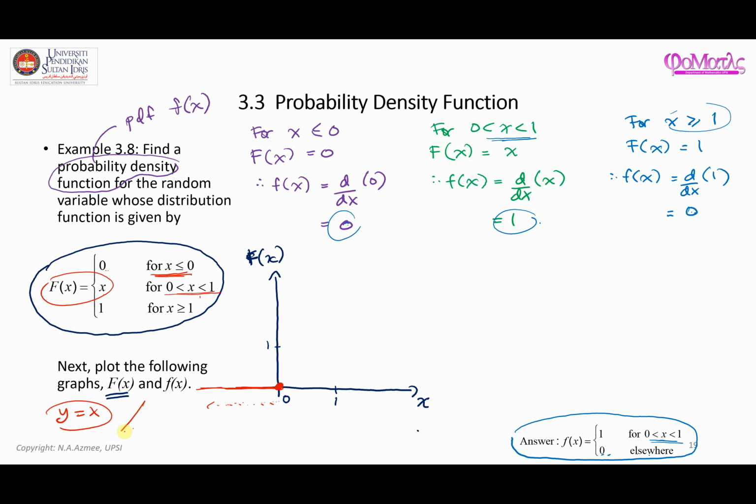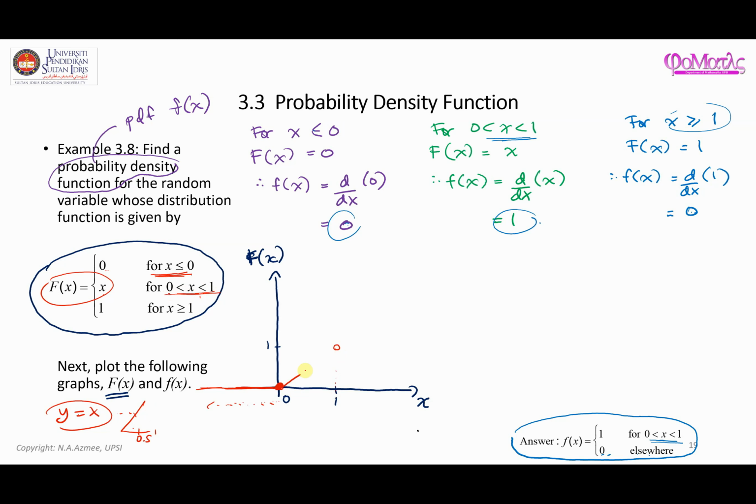For example, if x is 0.5, y is also 0.5. If x is 1, y is also 1. And since 1 is not included in the interval, we know it's going to be an open circle here.